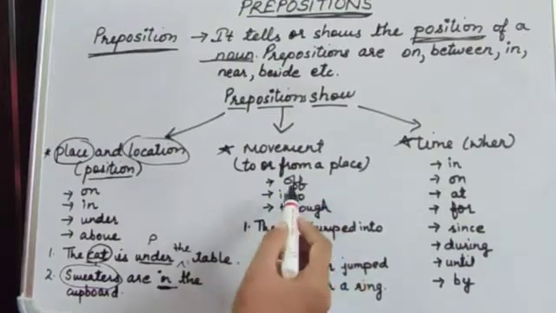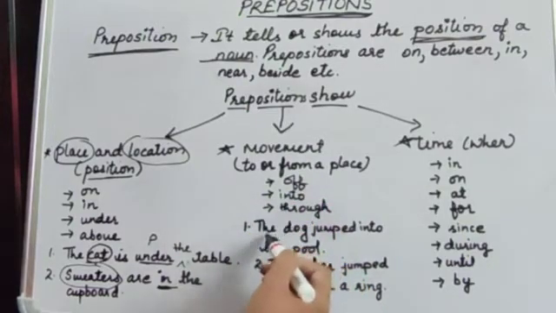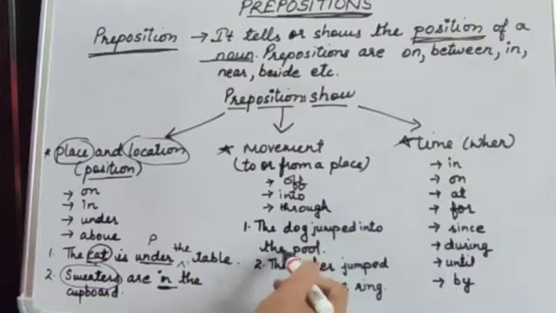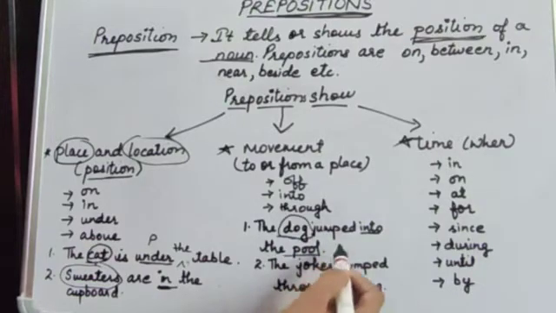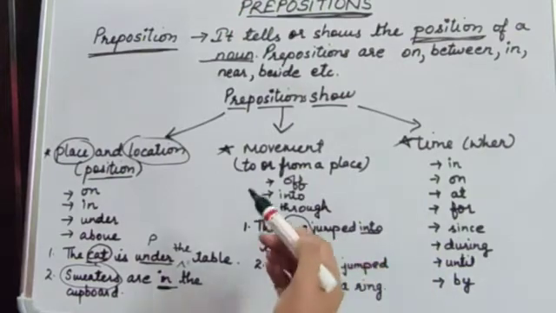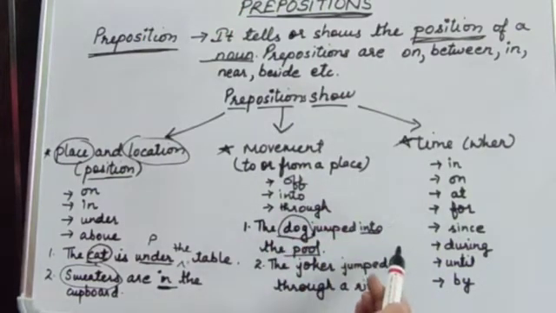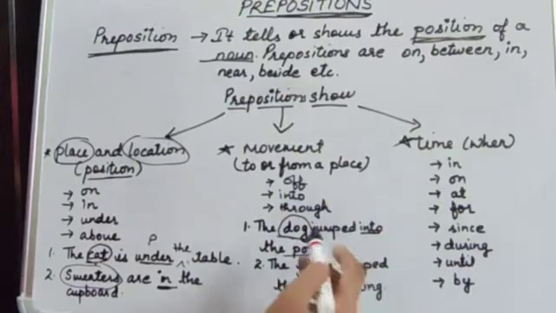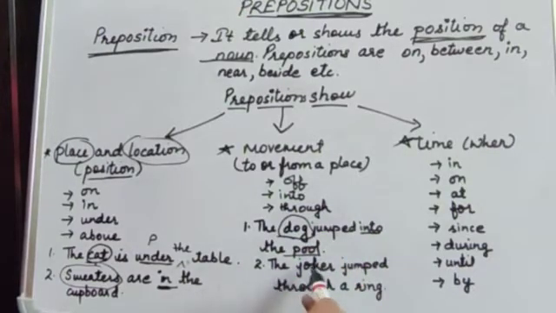For example, the dog jumped into the pool. Obviously the dog is moving from one place to the other place. It is showing the movement of a dog. Next, the joker jumped through a ring.